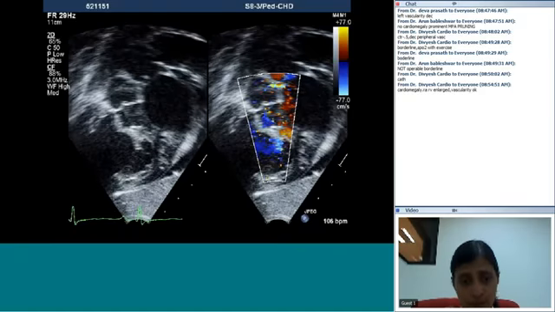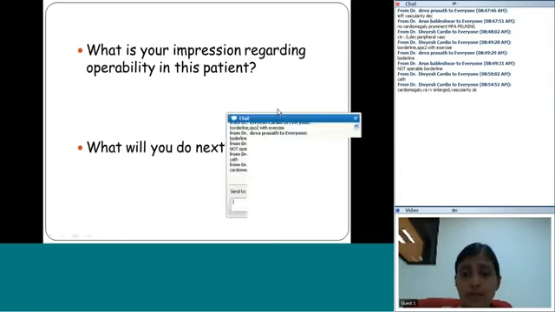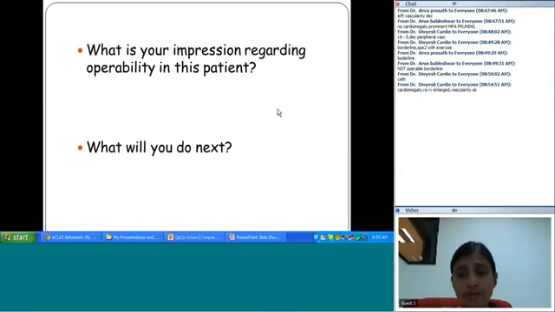Okay, so what is your impression regarding operability in this patient, and what will you do next? So right now we have done a clinical assessment. We have an ECG and a chest X-ray, and we have this echo. So from this information, what is your assessment of this patient?